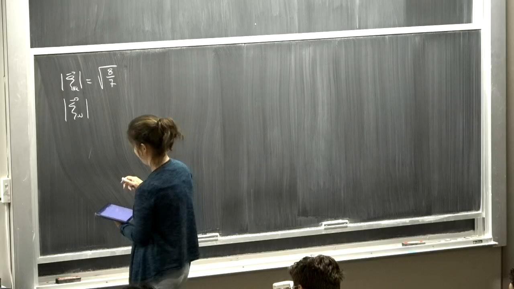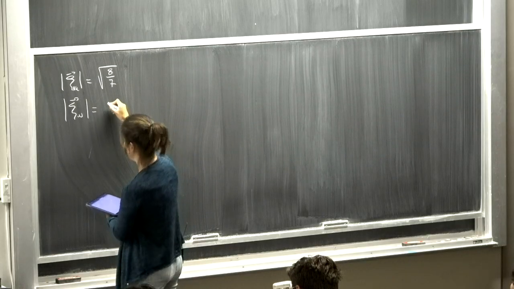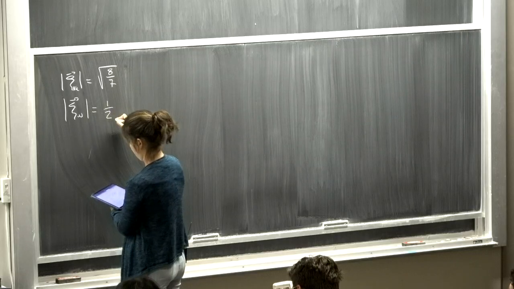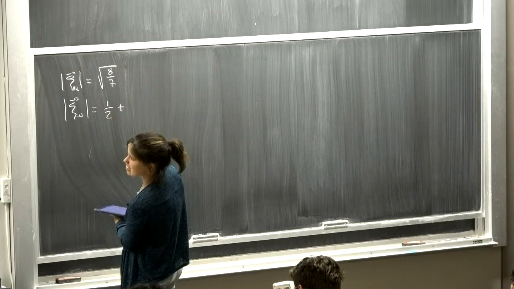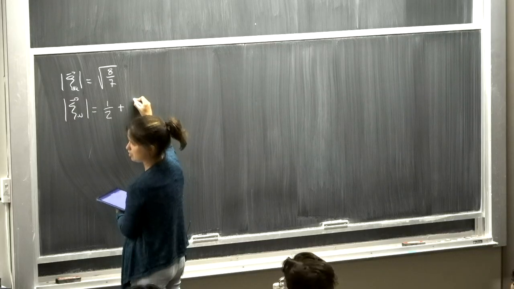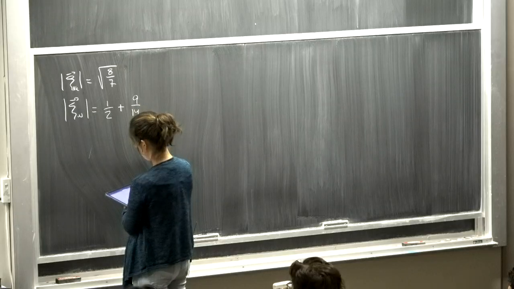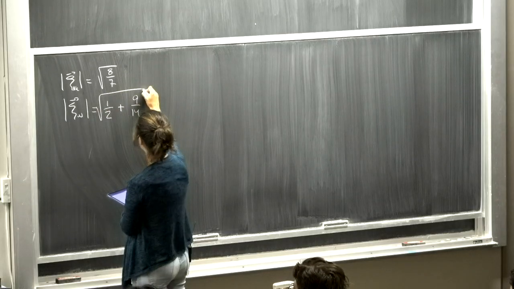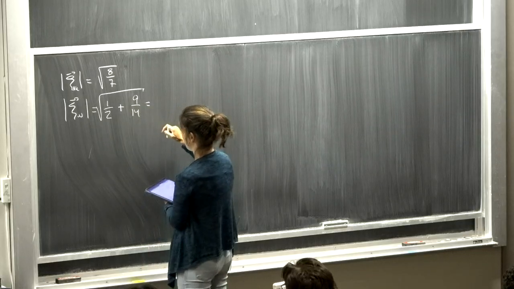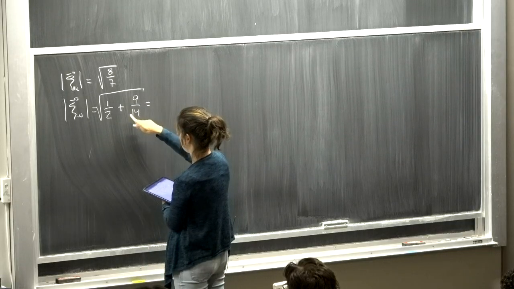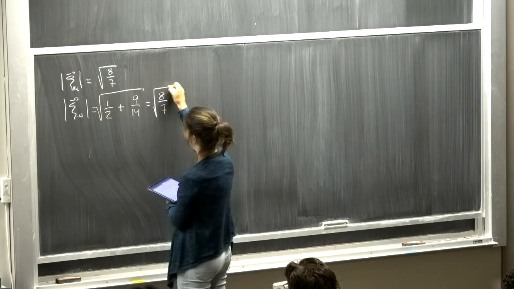So now we have 1/2 plus 6 squared over 56, which is 9/14, square root. So if you compute it and sum, 14 plus 9 over 2, you get exactly a square root of 8/7.